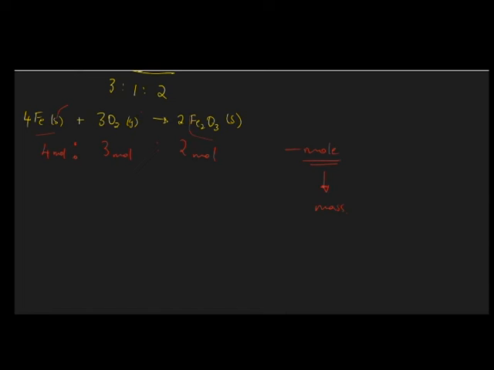Should I repeat that? 4 moles of iron reacts with 3 moles of oxygen to form 2 moles of Fe2O3, iron oxide. So that's what it means, that it does not only represent individual particles, but the relationships that says you need 4 of this and 3 of this to actually get 2 of this, right?